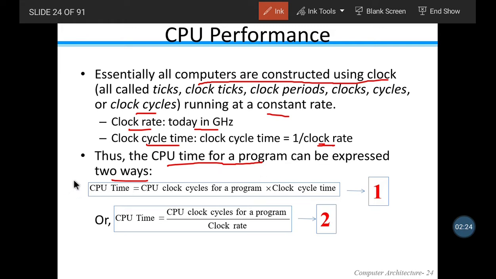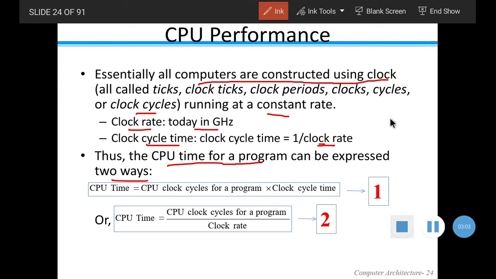First, CPU time is equal to CPU clock cycles for a program times clock cycle time, or CPU time is equal to CPU clock cycles for a program divided by clock rate.